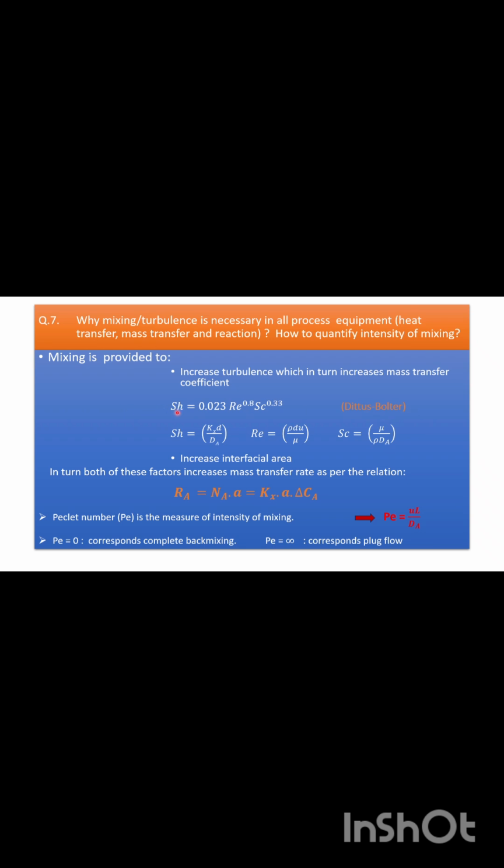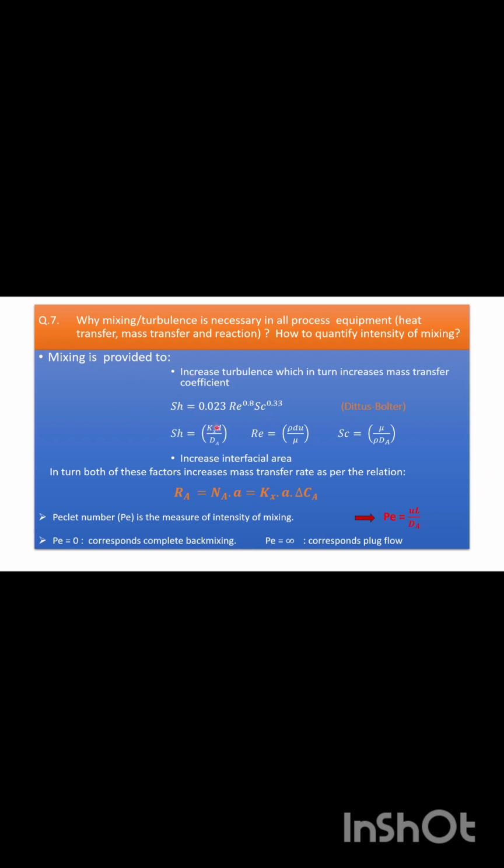We see here the Sherwood number is a function of Reynolds number and Schmidt number, and the Sherwood number is given by this relation. Reynolds number is this one, and Schmidt number. As turbulence increases, the mass transfer coefficient increases, which results in an increase in mass transfer rate.